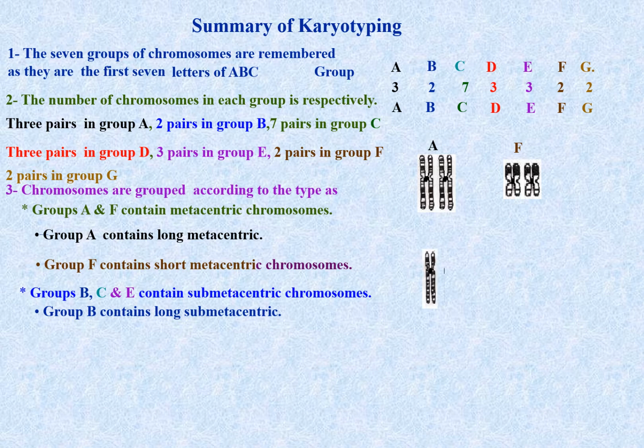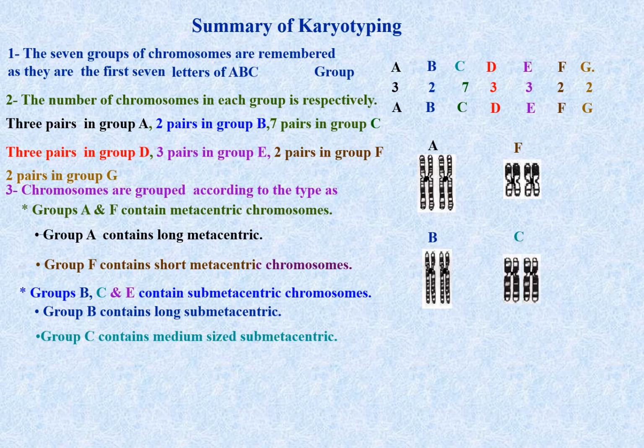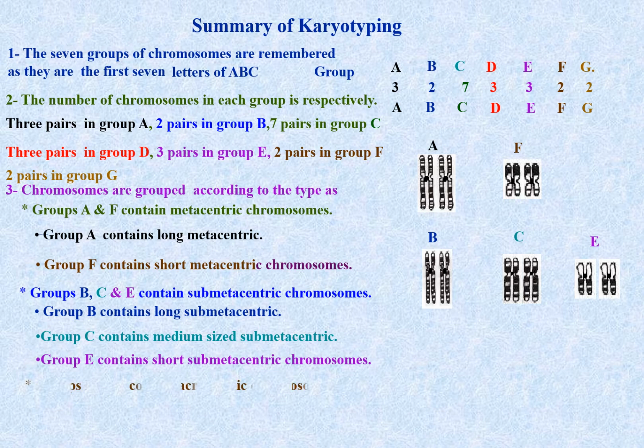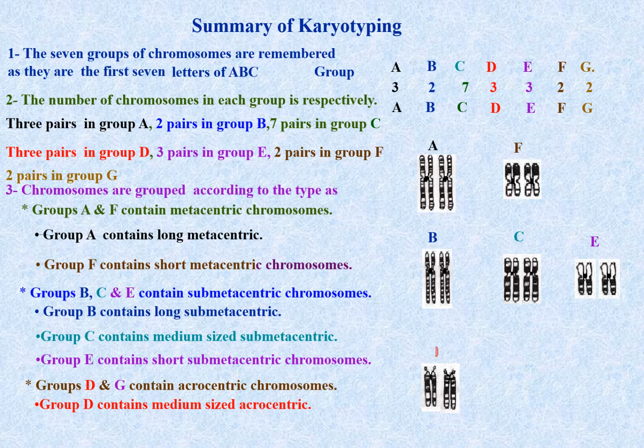Group B contains long, Group C contains medium-sized, while Group E contains short submetacentric chromosomes. Groups D and G contain acrocentric chromosomes. Group D contains medium-sized, while Group G contains short acrocentric chromosomes.